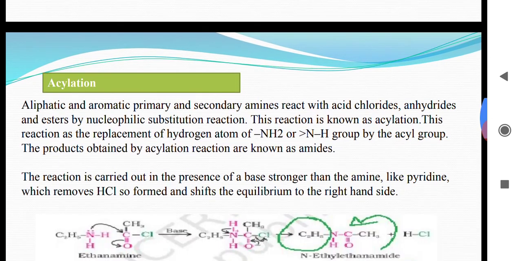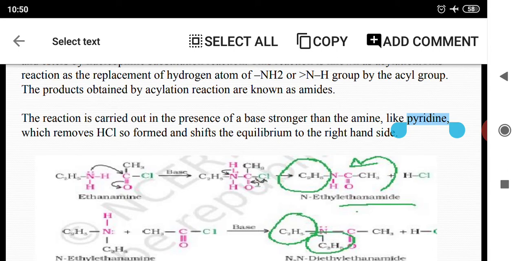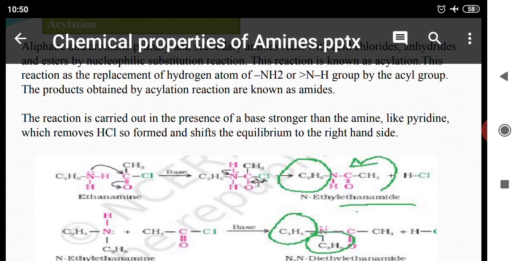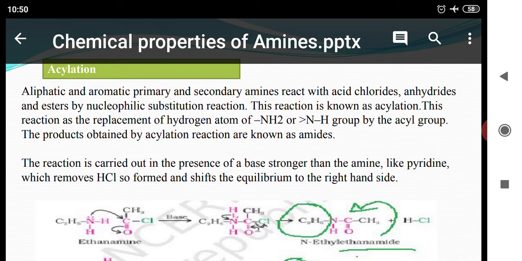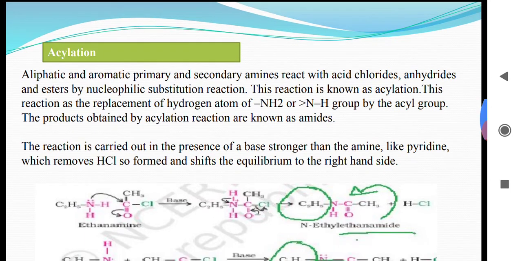Now the next one is the acylation reaction. The acylation reaction is the process of introducing an acyl group. What is an acyl group? The RC double bond O group. Introducing it into a molecule is known as acylation. Now here the aliphatic, aromatic, primary and secondary amines react with acid chlorides.